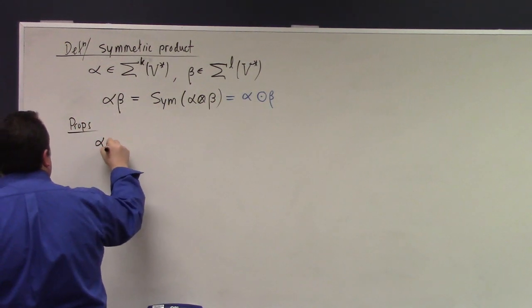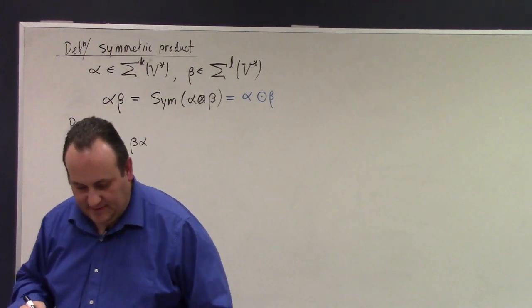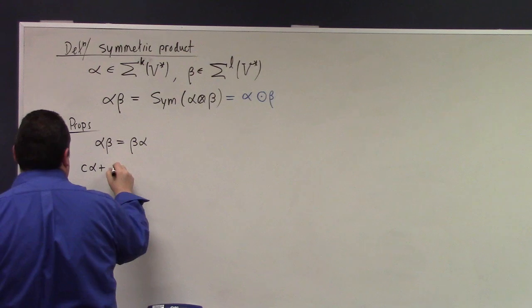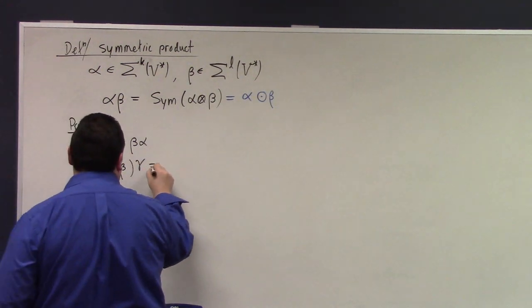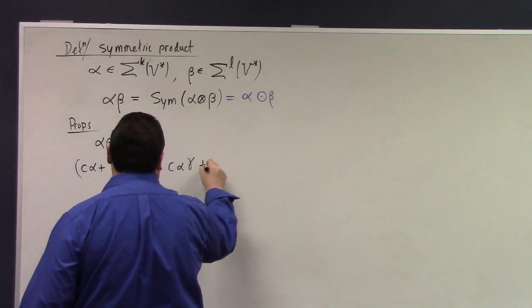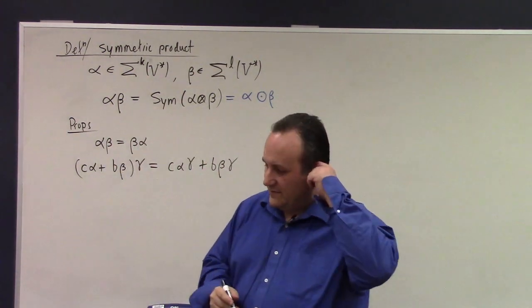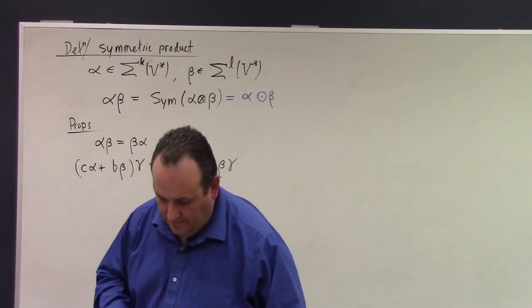And anyway, the symmetric product has lots of properties. Like alpha beta is beta alpha. And if I've got c alpha plus b beta times gamma, guess what? It's c alpha gamma plus b beta gamma. All of your favorite, basically, polynomial algebra properties are here.